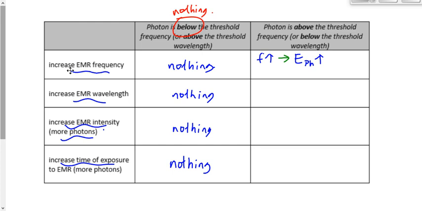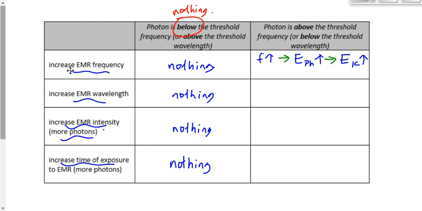And a higher photon energy gives us a higher kinetic energy of the ejected electron. Think about that. Einstein said E is equal to hf, bigger frequency, bigger energy. Bigger photon energy, well, that leaves more energy for the electron that's being ejected.